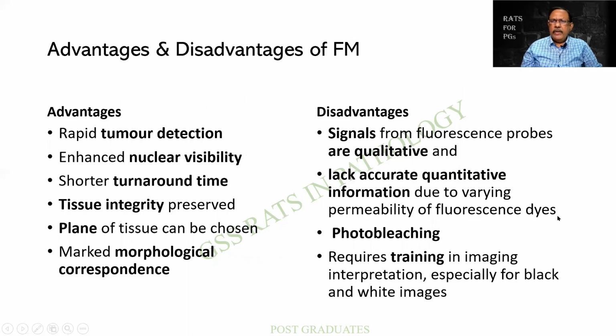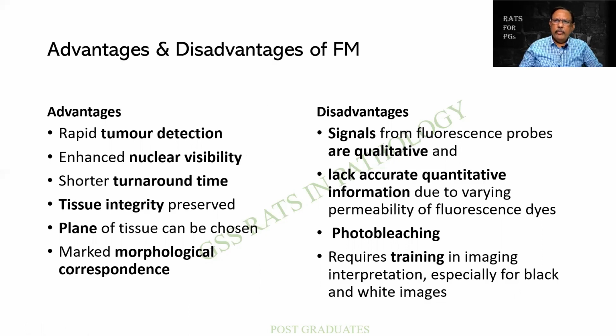What are the general advantages and disadvantages of a fluorescent microscope? I have put them in bold so that you people can note it down. Rapid tumor detection. One of the most important things is the turnaround time. Sometimes we will have to make a rapid diagnosis. A graft rejection, for example, they cannot be waiting long.